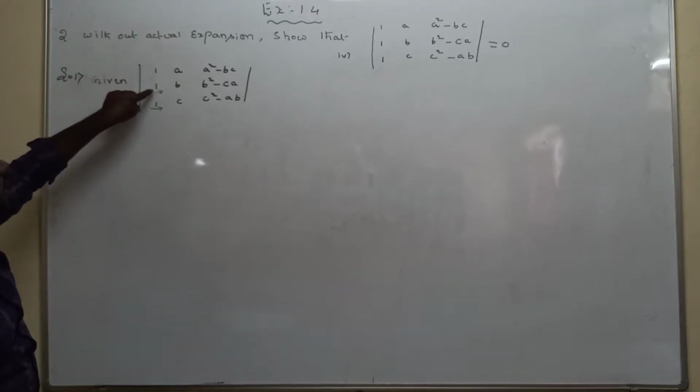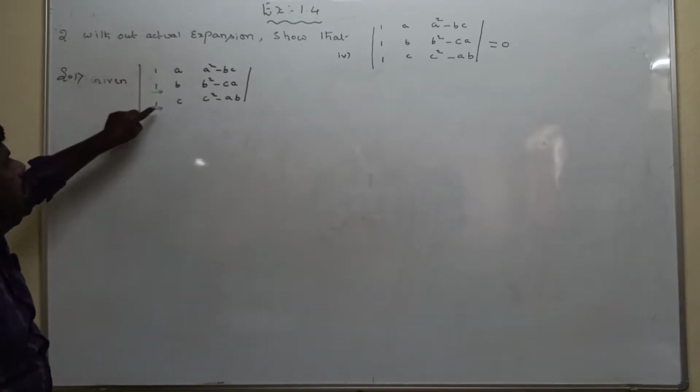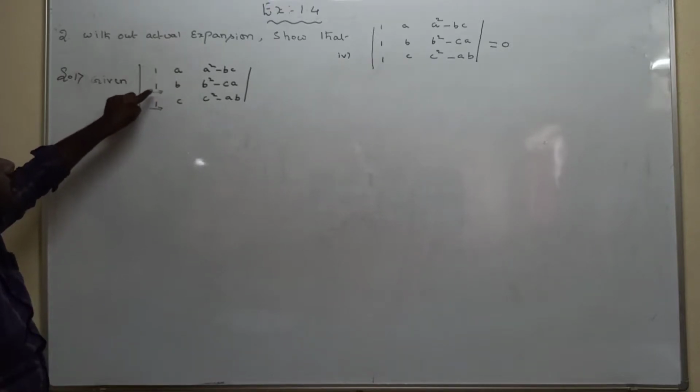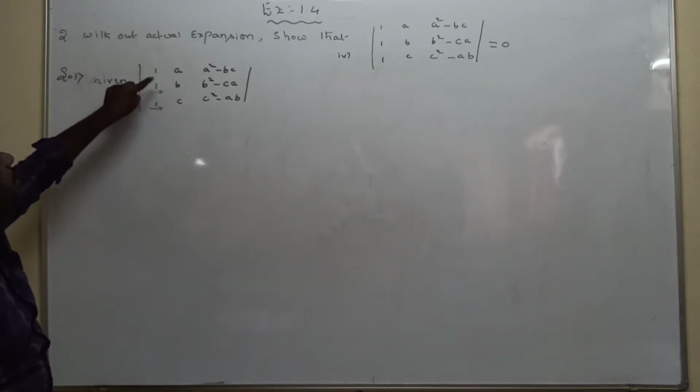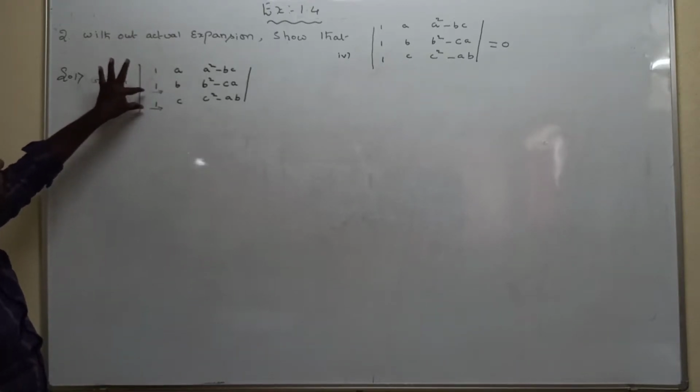Whenever subtracting r2 minus r1, 1 minus 1 is 0, that is suitable. Next for r3 we can do r3 minus r2 or r3 minus r1. So we can change r3 to r3 minus r1. Those we can do with the help of the first row.